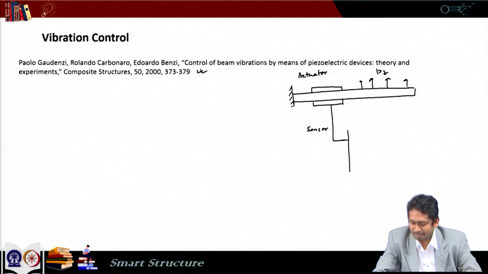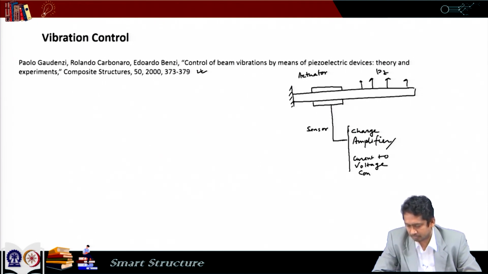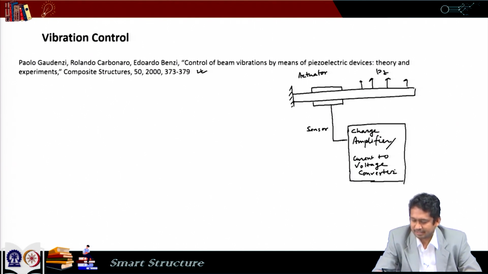One is the charge amplifier mode, through which we get voltage from the charge. So, voltage output from the charge. So, it can be a charge amplifier, or there can be a current to voltage converter. So, we will talk about it, what it is.